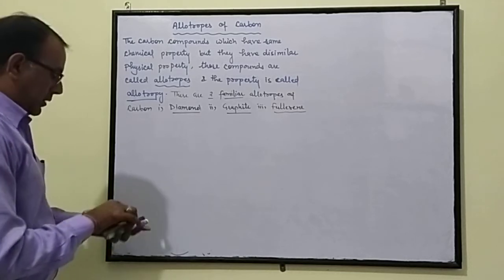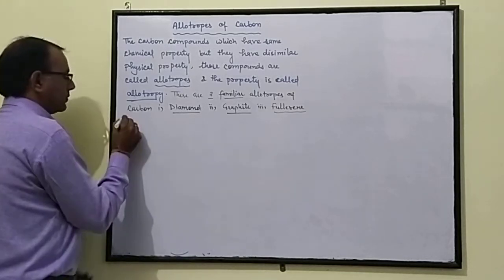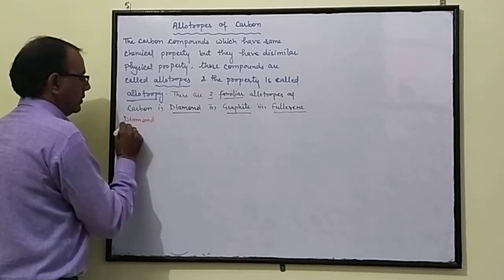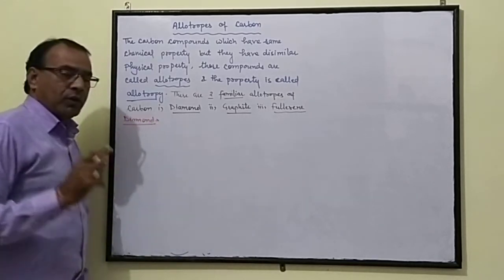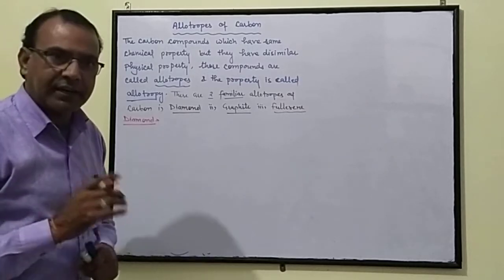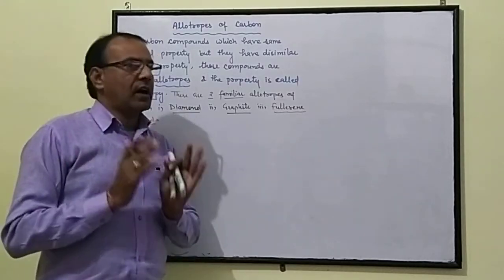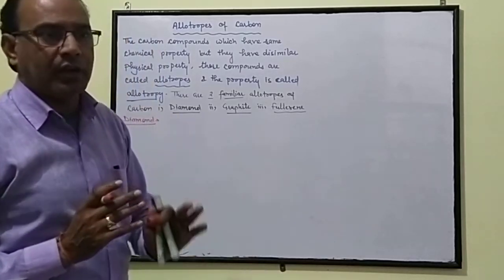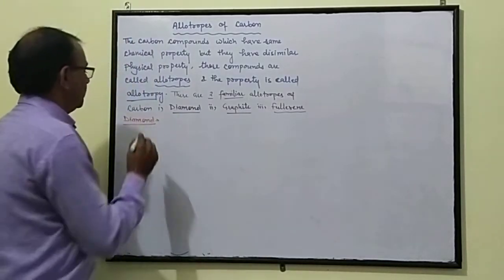First one, diamond. In diamond, one carbon atom is attached with 4 other carbon atoms and produces a 3-dimensional rigid structure.